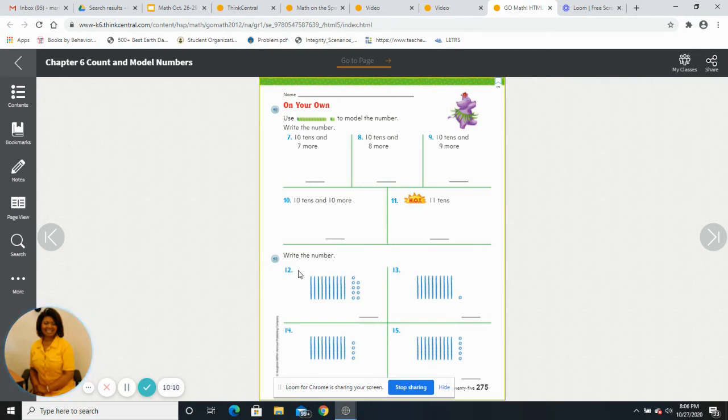All right, here we already have the drawing. So of course they have the lines and the circles, just as I was referring to for numbers 1 through 6. This is what they would look like. You would write the number. So let's do number 12 together. 10, 20, 30, 40, 50, 60, 70, 80, 90, 100.